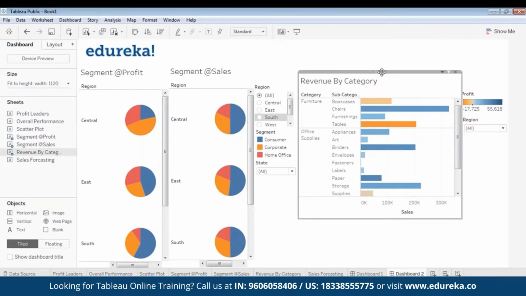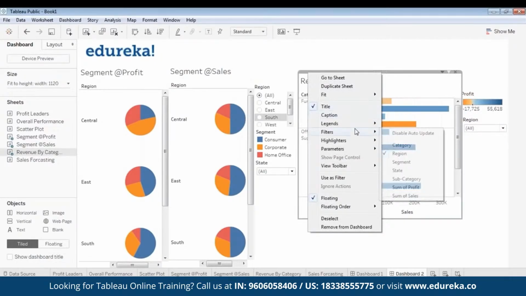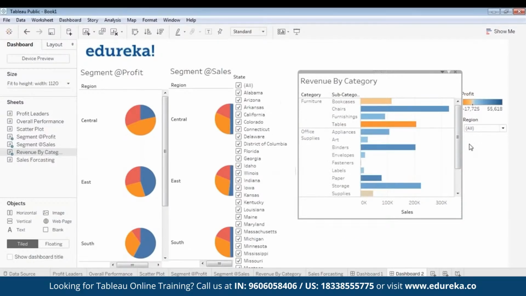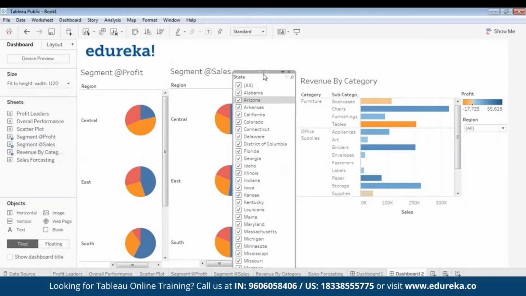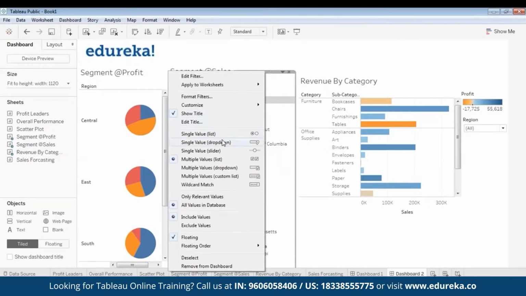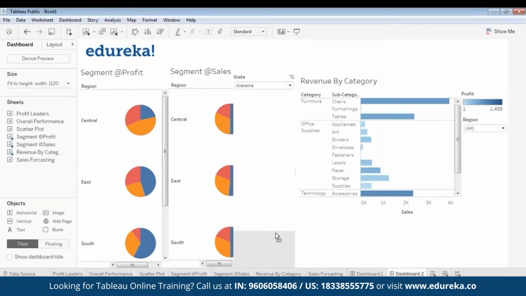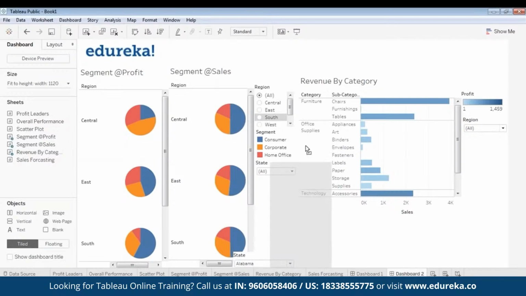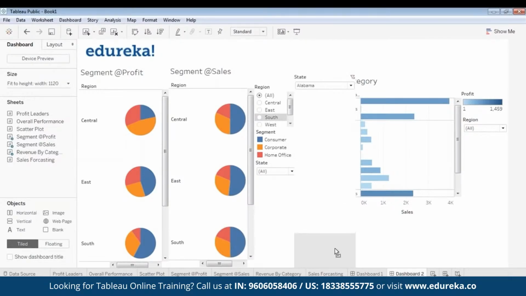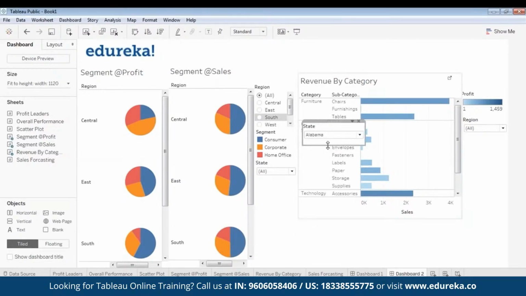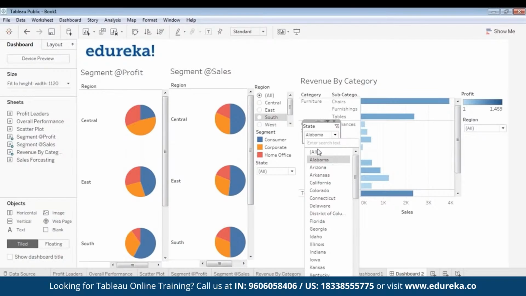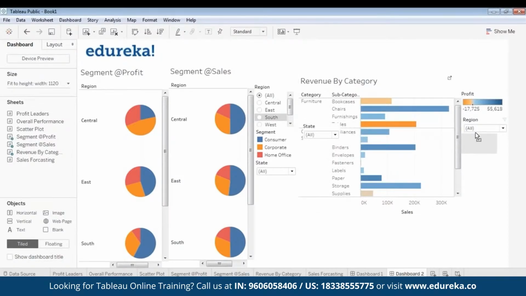Next filter I want over here is state. I will go and select state. I will place it over here.